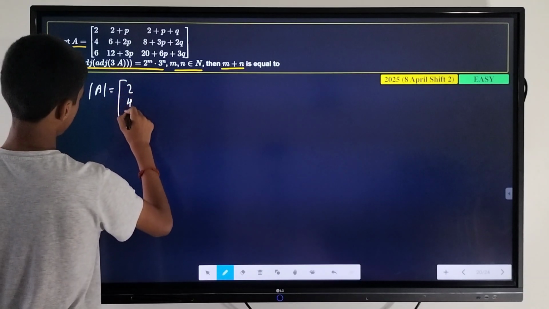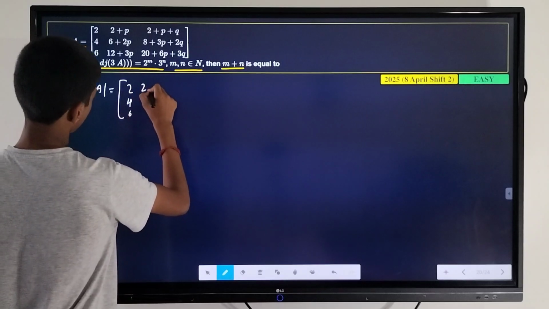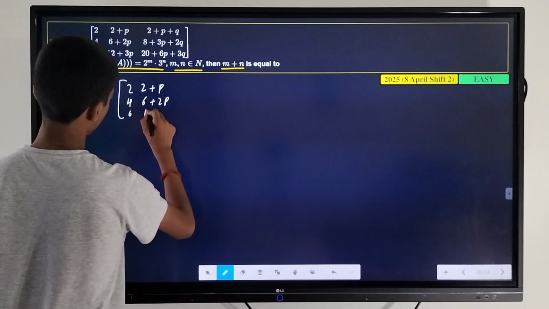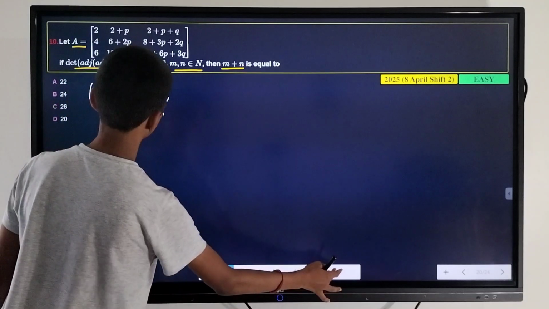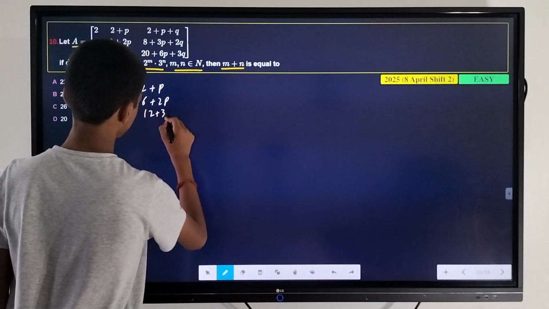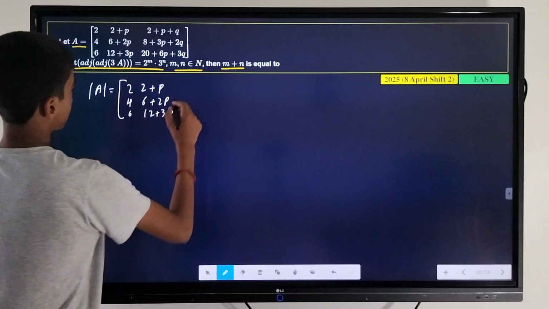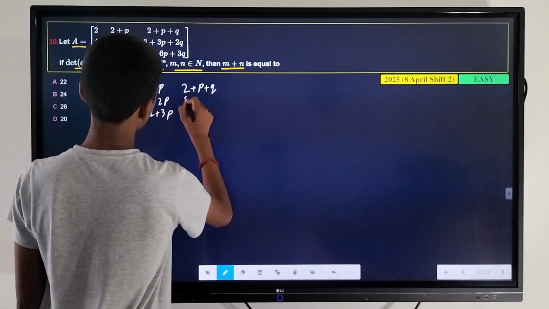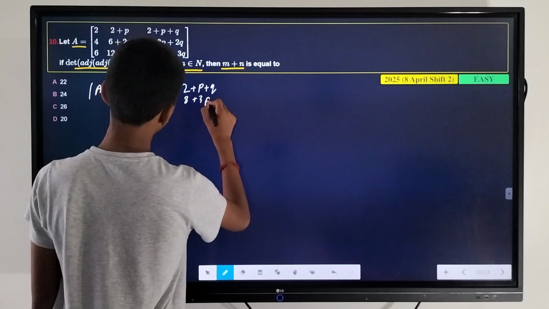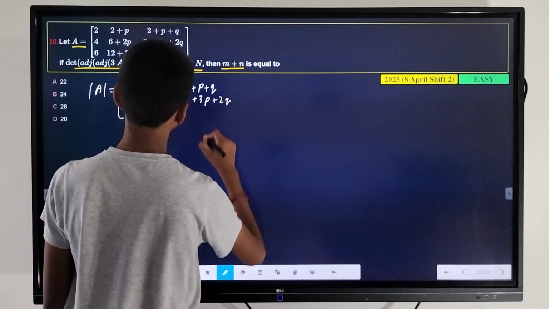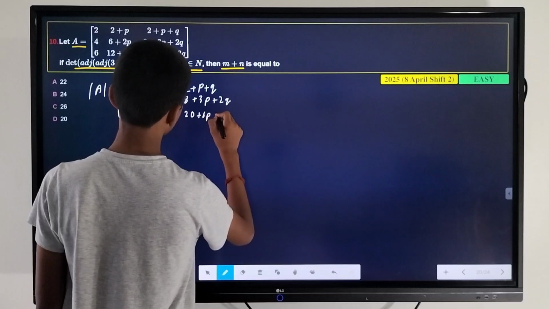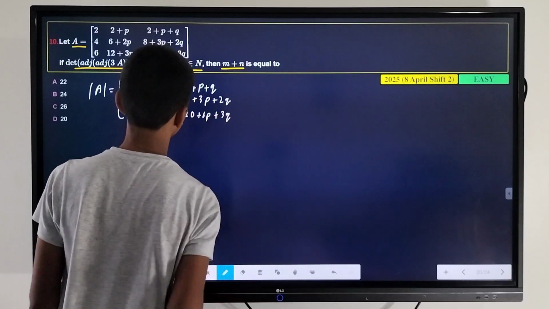2, 4, 6, 2 plus P, 6 plus 2P, 12 plus 3P, 2 plus P plus Q, 8 plus 3P plus 2Q, 20 plus 6P plus 3Q.